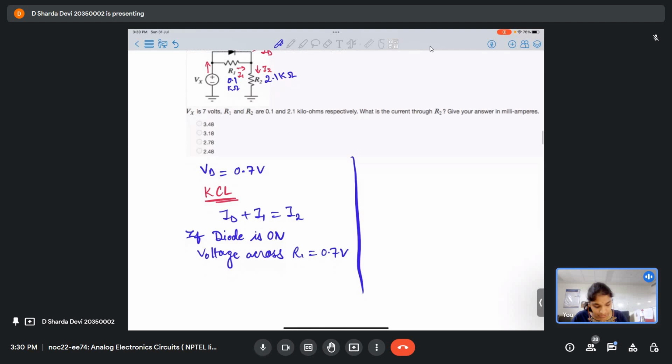So the voltage across R2 will be 6.3 volts, right?